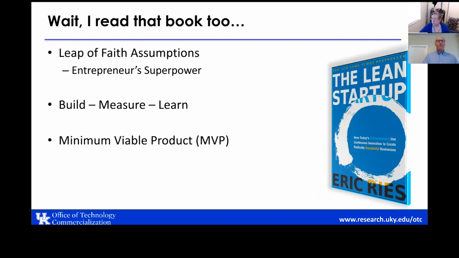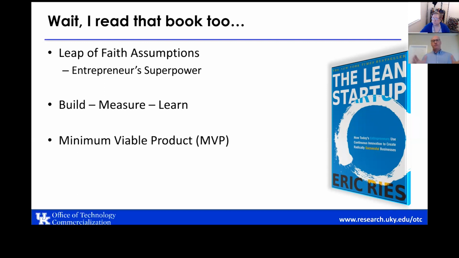And just a quick review. The book involves a couple of key theses. One is that the entrepreneur's superpower is the ability to make these leap of faith assumptions, to be able to go from idea and be willing to invest time, money, resources, and everything else on faith-based assumptions, and to not see or perceive the risk associated with that.